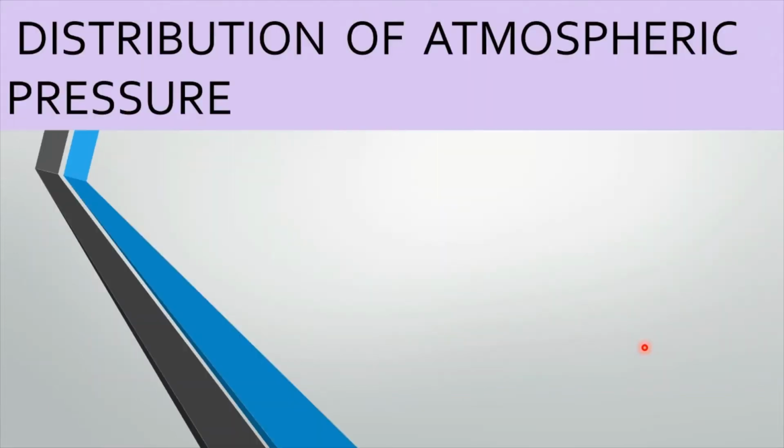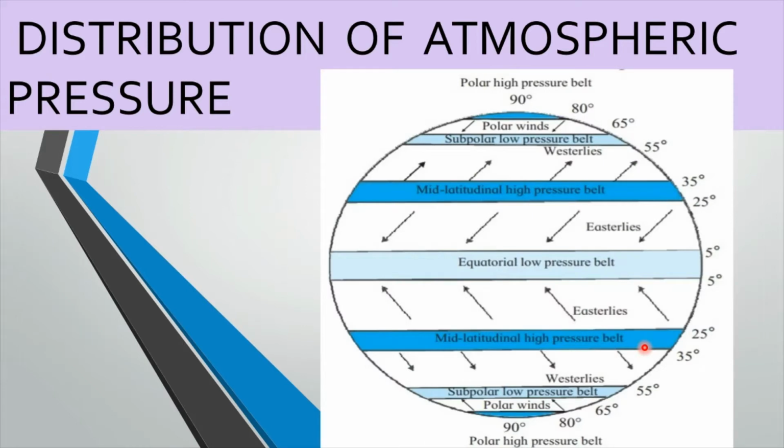Let's see how the atmospheric pressure is distributed. So here I am showing one diagram for you for your study purpose. It is easily shown that here is the equatorial low pressure belt, within 5 degrees, stretching towards the north pole and towards the south pole, that means towards the northern hemisphere and the southern hemisphere.